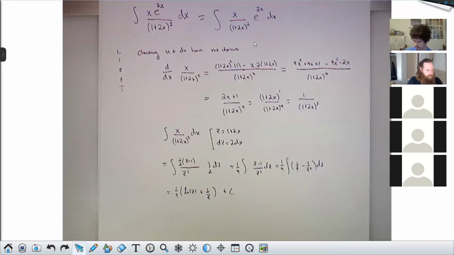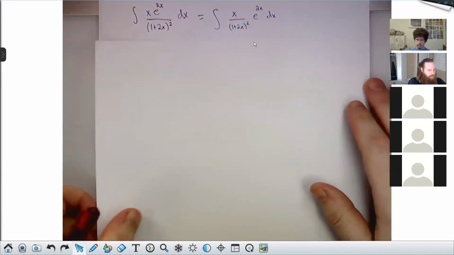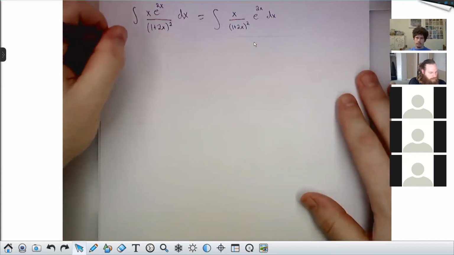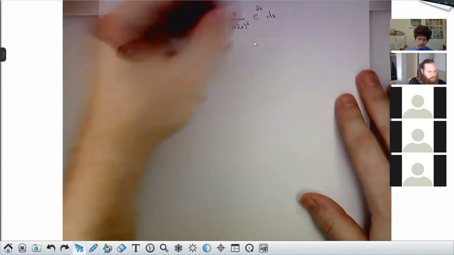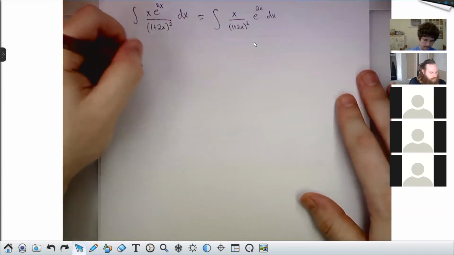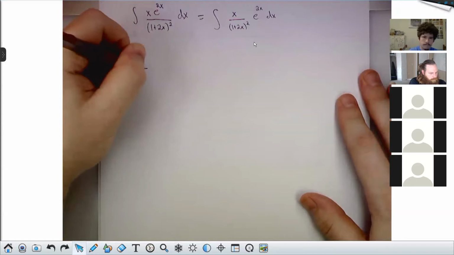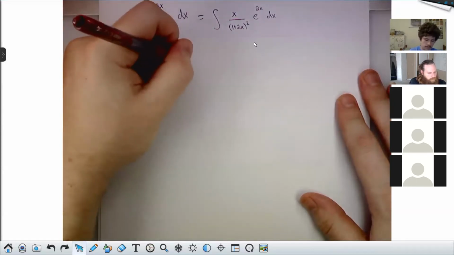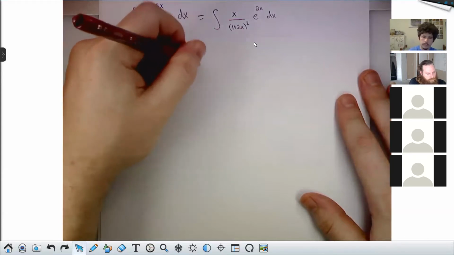Don't fret about the integral down here. If you didn't get that copied down, you don't need it for this. I'm going to say we'll run IBP with u equal to this rational function, x over 1 plus 2x squared, and dv equal to e to the 2x dx.